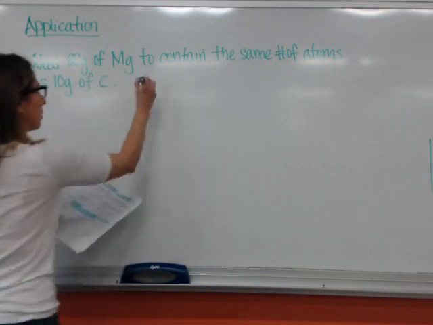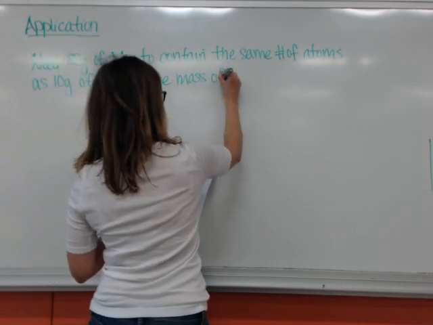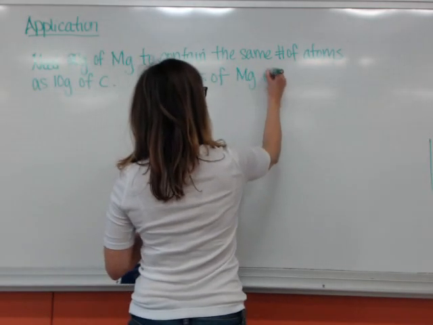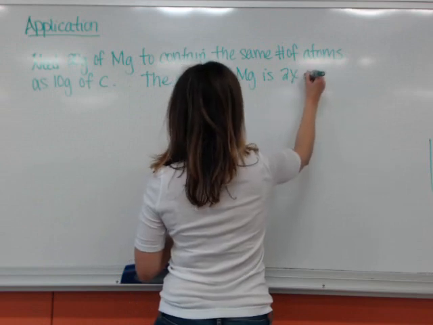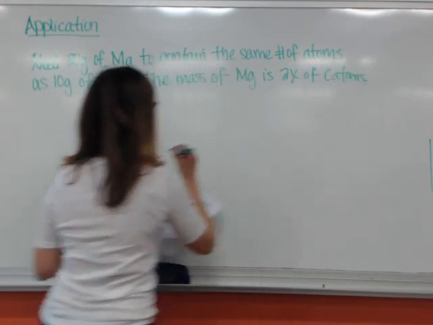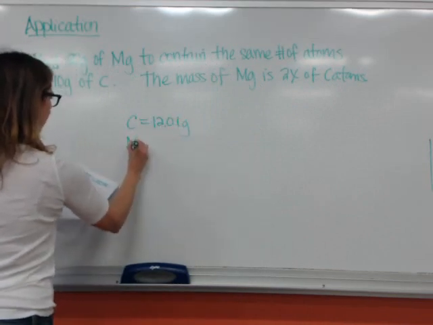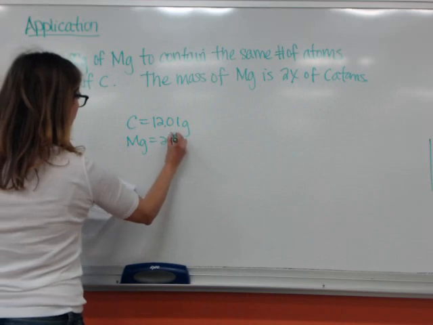And that's because the mass of magnesium is 2 times that of carbon. So on the periodic table, remember, carbon was 12.01 and magnesium was 24.